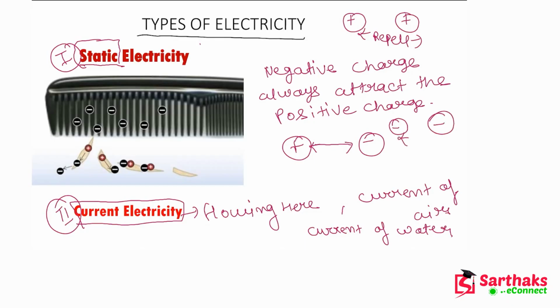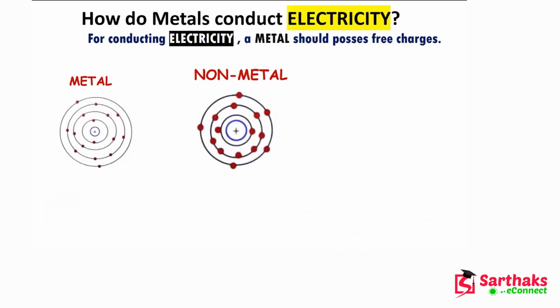Then these will also repel each other because they are of same nature. So, guys, I think your concept might have been cleared about the difference between static electricity and current electricity. Now it's time to move on to the next slide.